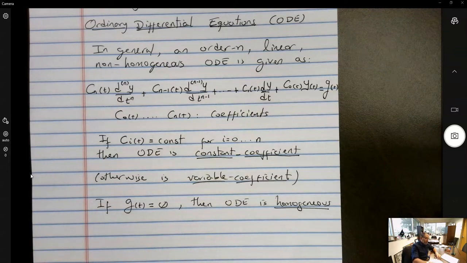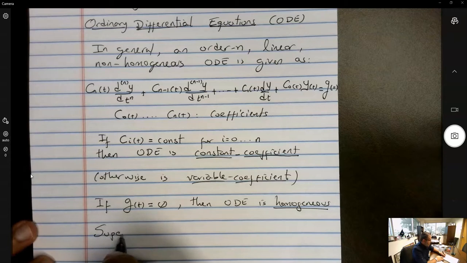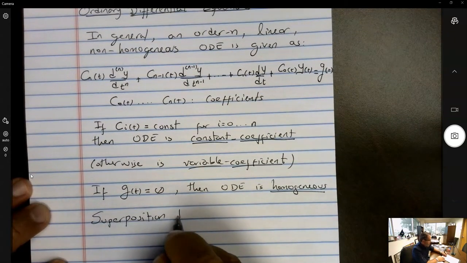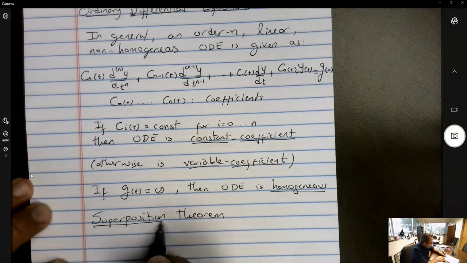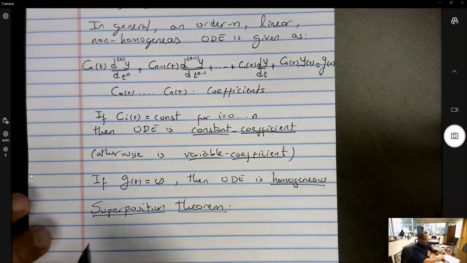All right, so there's a couple of things that are very important in the theory of differential equations. First of all, the superposition theorem is a very simple theorem, but it's one that is going to help us a lot in trying to find the solutions of some of these.